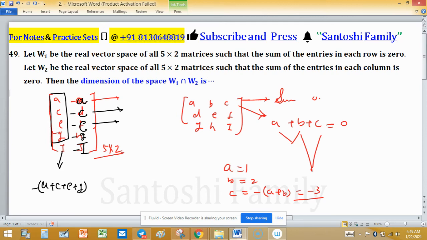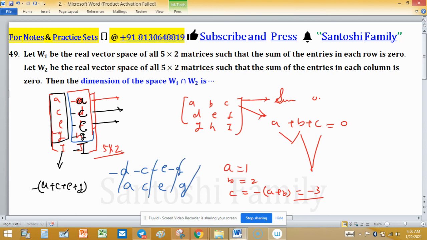And what is the sum for the second column? The sum will be minus A minus C minus E minus G, and this is minus I. So minus I will be the negative of A, C, E, G, and their sum will be 0.